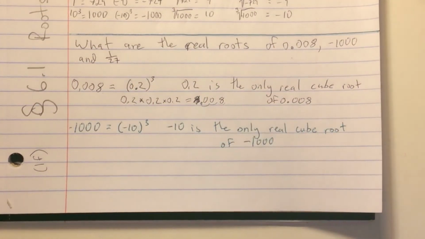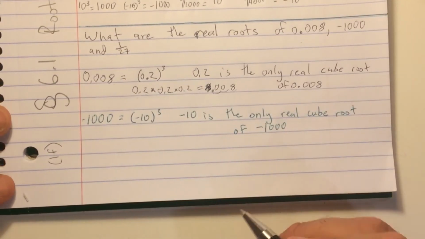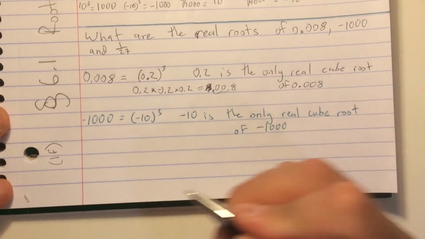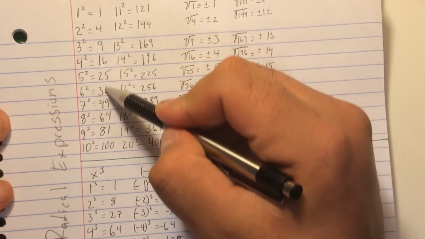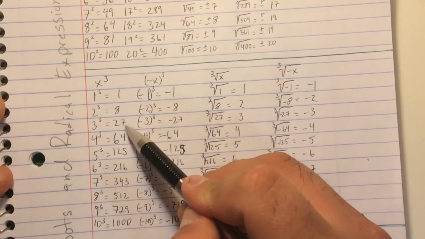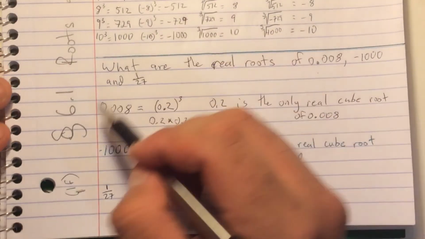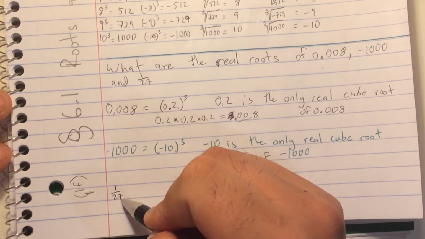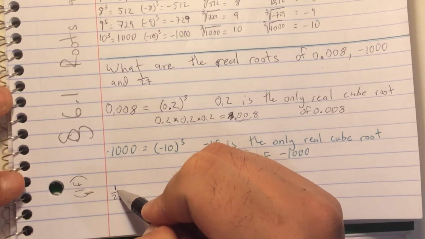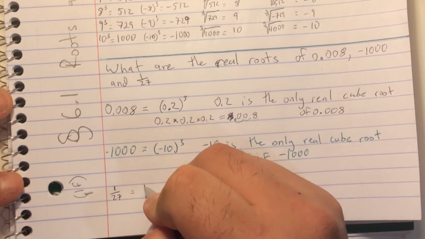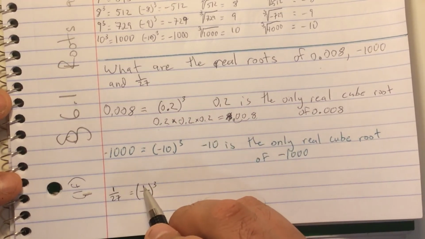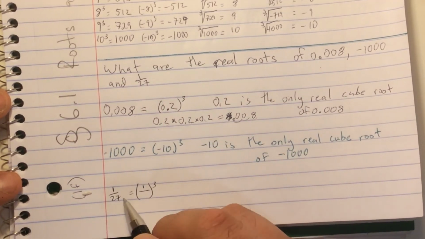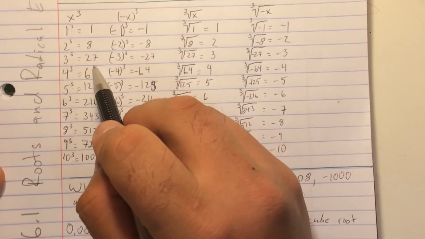We'll do one more, and I know everybody's going to be like, oh my god, a fraction, what are we going to do? We have 1 over 27. If we look back up here, 27 is not in our squares, but it is in our cubes, and so is 1. So we look at what each number can be cubed. 1 cubed is 1, and 27 is 3 cubed.